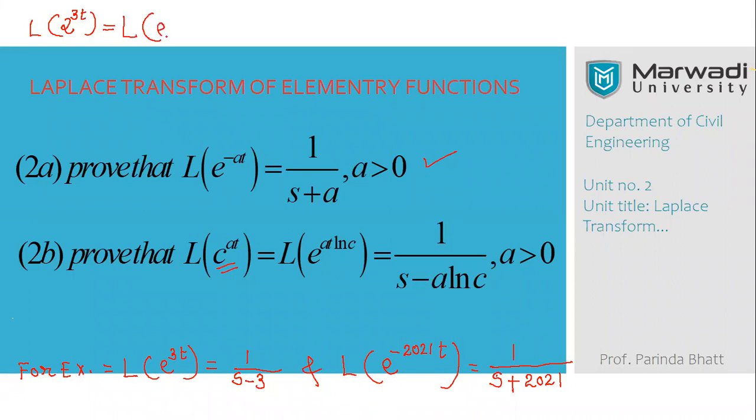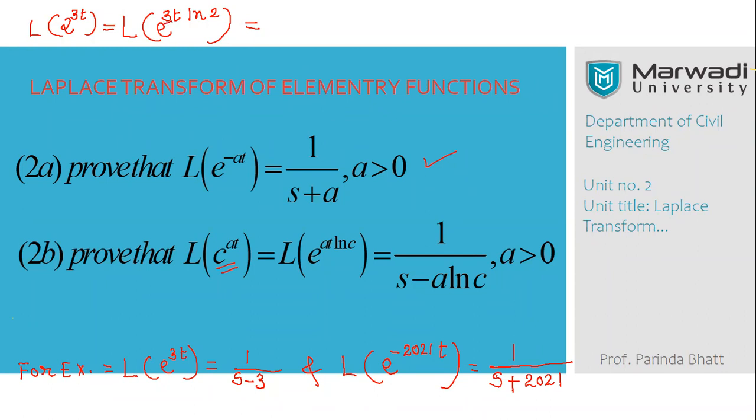And this is e raised to 3t into ln 2. Ln means log to the base e. Okay. We convert into the exponential form. 2 raised to 3t, we can write it like that, e raised to 3t ln 2. And now we can apply this formula.